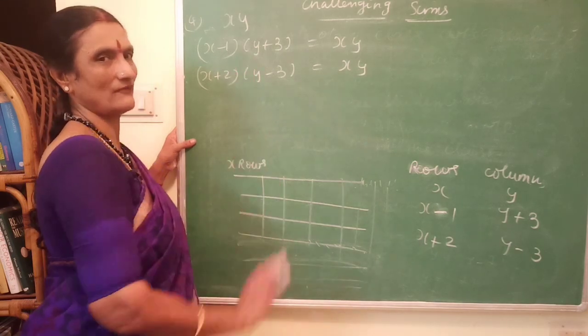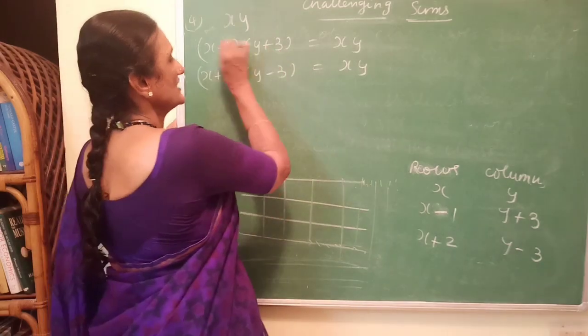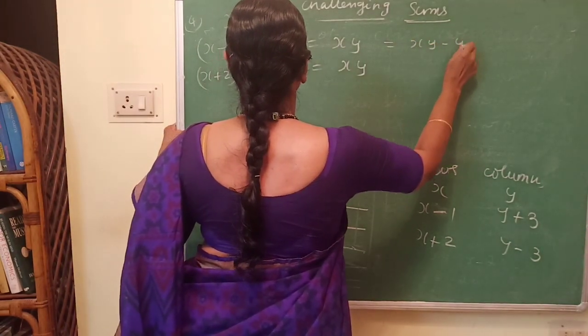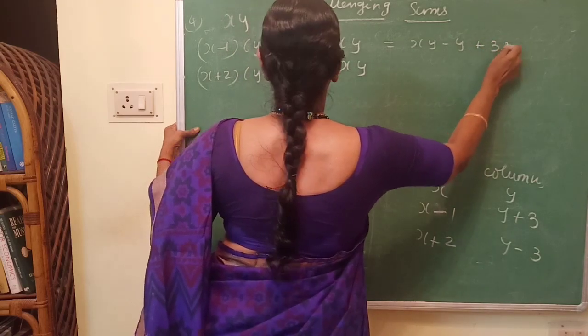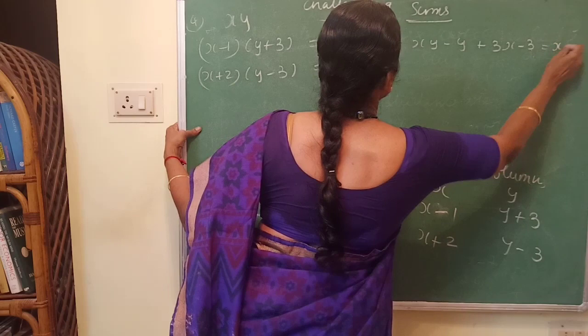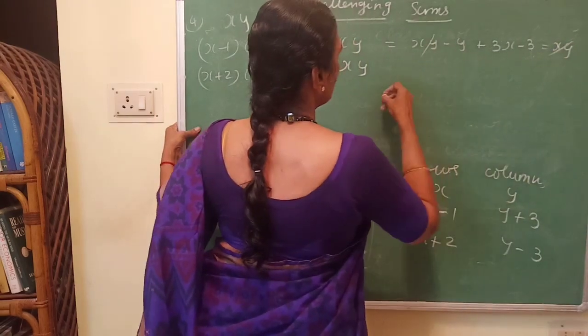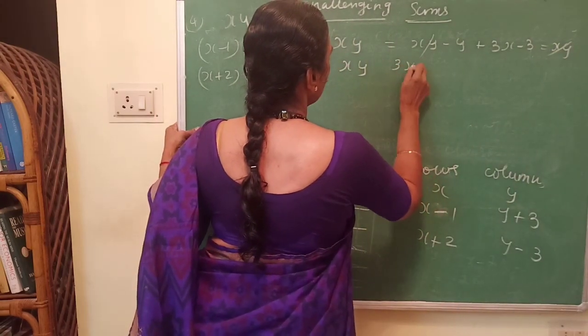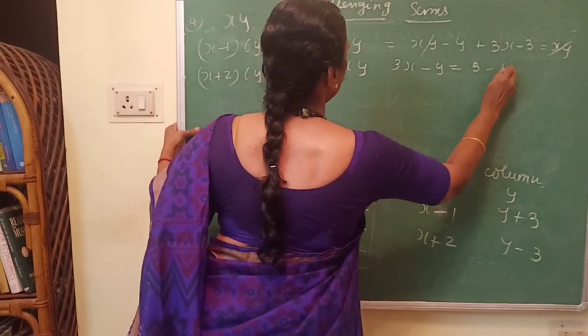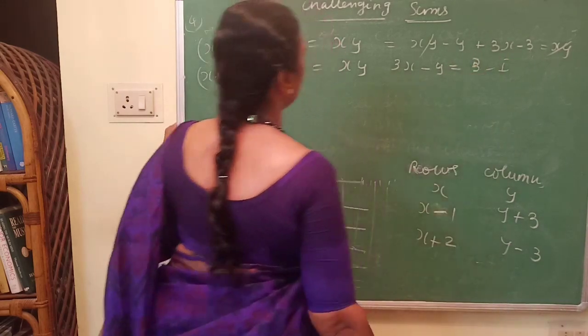Now we have to simplify the equations. First one you multiply, that is xy minus y plus 3x minus 3 is equal to xy. Here xy cancels. So what do you get? 3x minus y is equal to 3. That is your first equation.